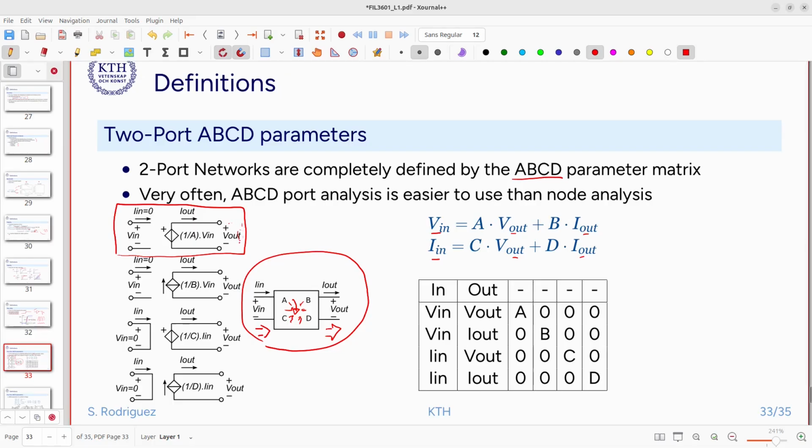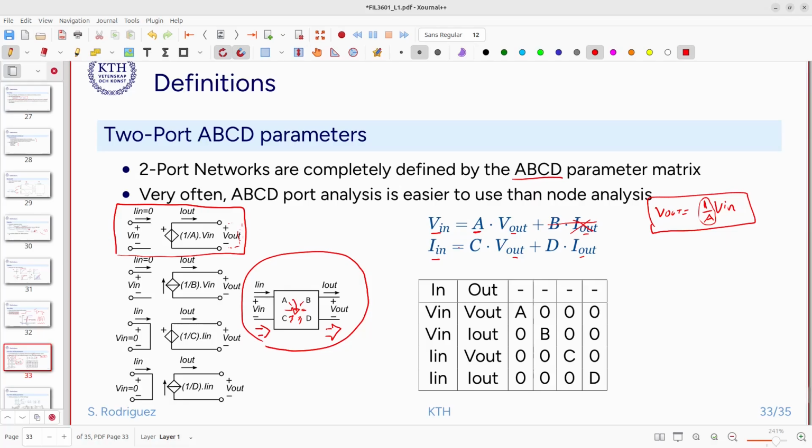So the output will be open, and when that happens, that current will be 0. It will make this part 0, and then we have that the output voltage will be equal to 1 over A times V in. So the amplifier characteristic will be 1 divided by A. What is important, and sometimes confusing, is that this is not the amplification, this is 1 over the amplification.